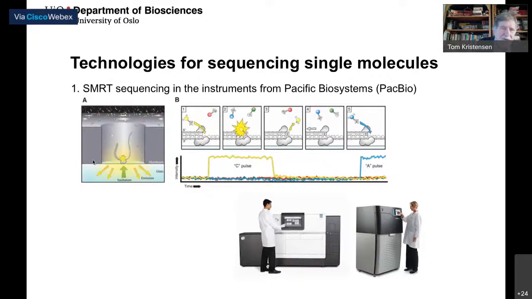And what they have done here is to put a polymerase at the bottom of the waveguide. It's immobilized in the bottom of the waveguide, and this polymerase will be supplied with a number of fluorescent nucleotide analogs, like the one we see here.